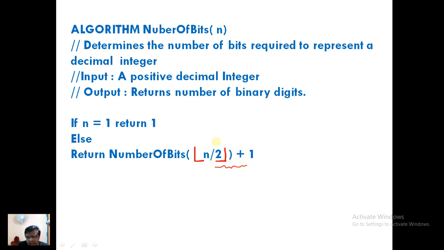Before we call the function, the number of additions, there will be one addition.